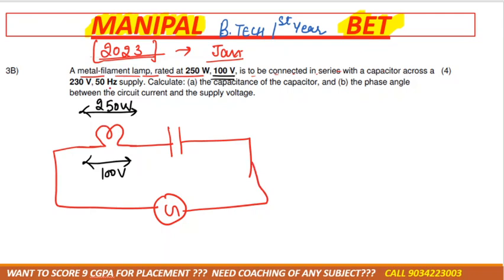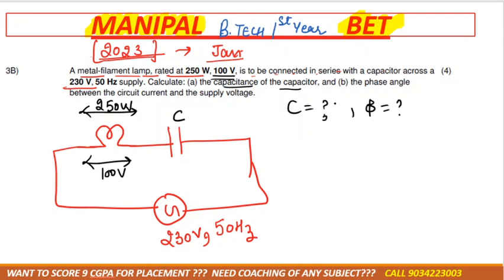Now across the single phase supply 230 volt, we'll draw the circuit always like this. This is the AC supply, and across this we'll write down the voltage and the frequency is 50 hertz, okay? Now they are asking to calculate the capacitance of the capacitor, means we need to calculate capacitance, right? And the phase angle between the current and the voltage, basically they are asking the phi. Understood the question? First tell me.